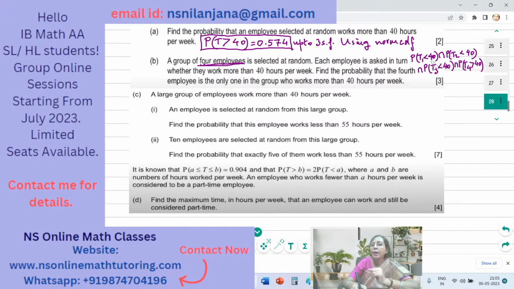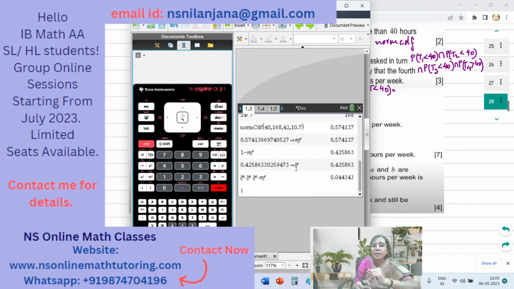So we have found the probability of T less than 40. Just let me write that. Probability of T less than 40 was equal to 0.425863. So it is 0.426 up to 3 significant figures. It is 0.426.